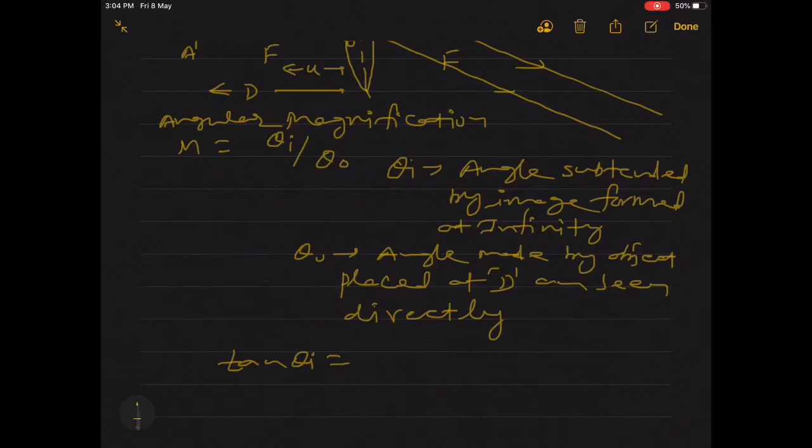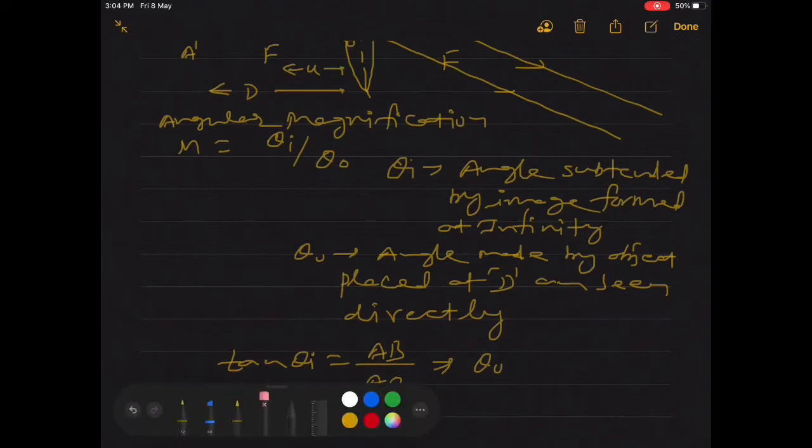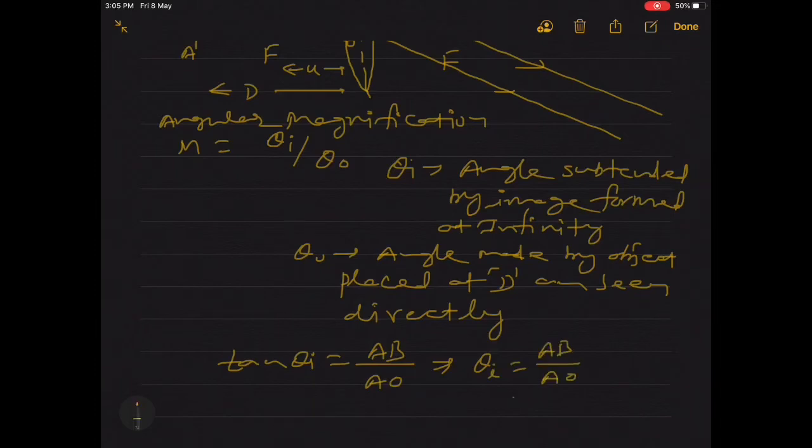So we will have here tan theta I is equal to AB upon AO. For a small angle, this tan theta I would be equal to theta I. So theta I is equal to AB upon AO.